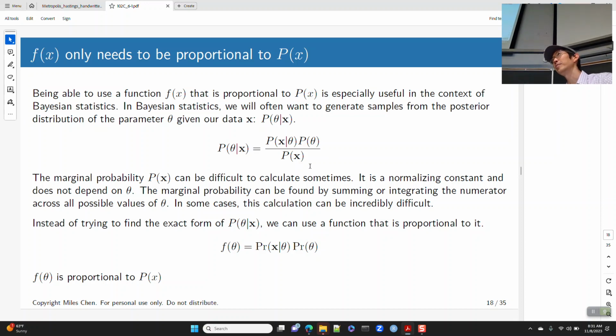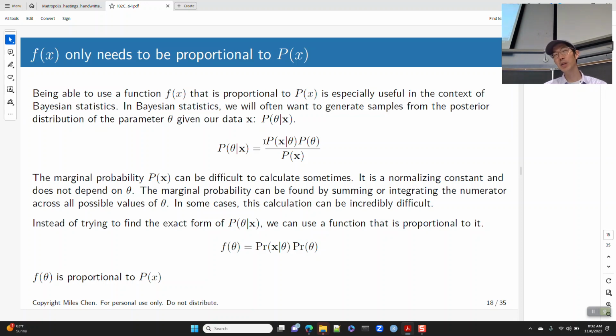And so next week, we'll do an example where trying to figure out the denominator would be really kind of painful. But we can skip it. We don't have to, okay? And that's gonna make our life easier. So we don't have to figure out the normalizing constant. We're just gonna say, hey, you know what?